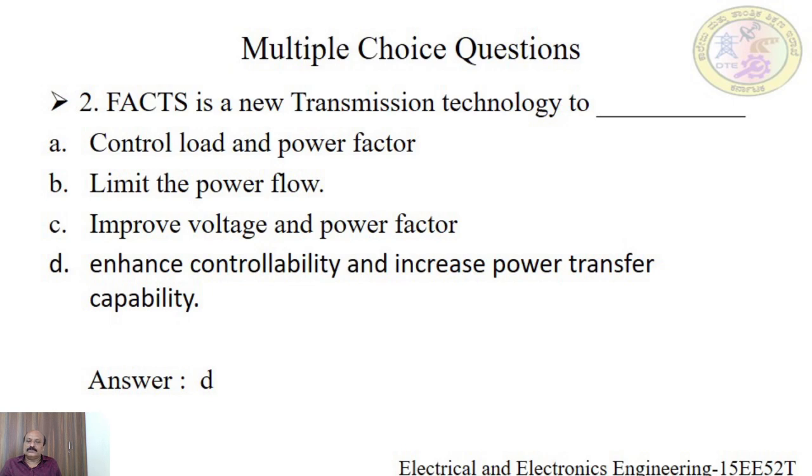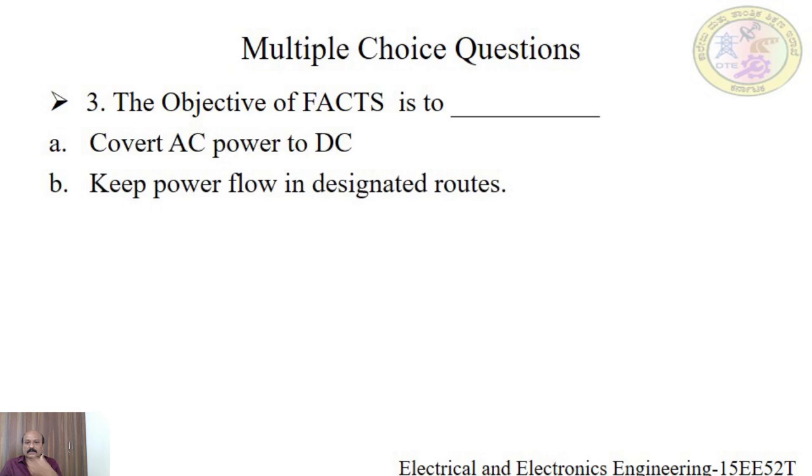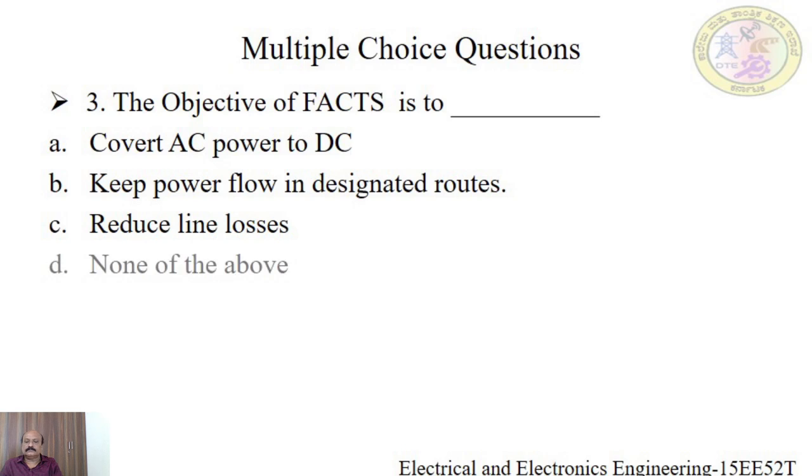FACTS is a new transmission technology to enhance controllability and increase power transfer capability. The objective of FACTS is to convert AC power into DC, keep power flow in designated routes, reduce line losses, or none of the above.